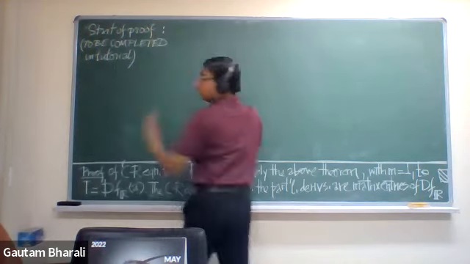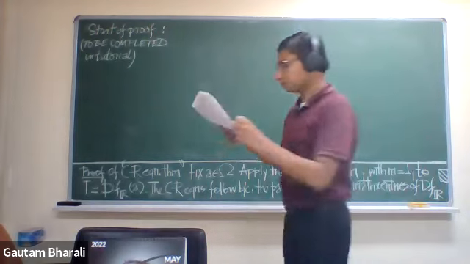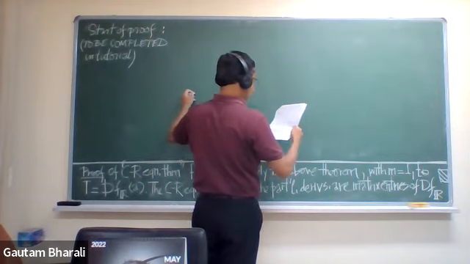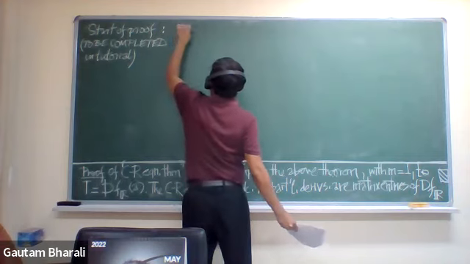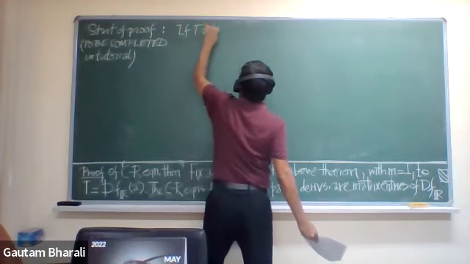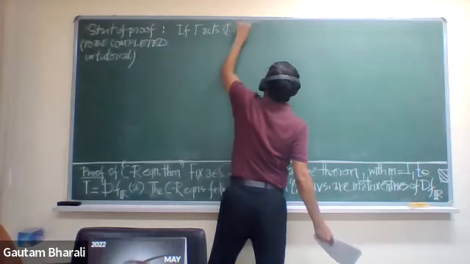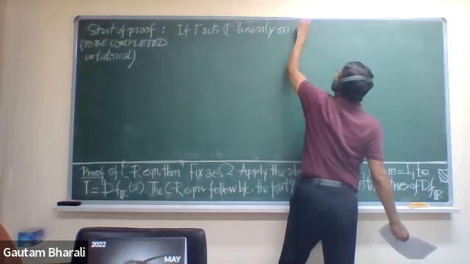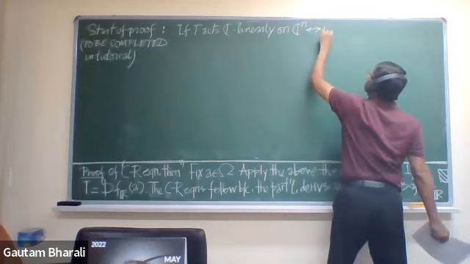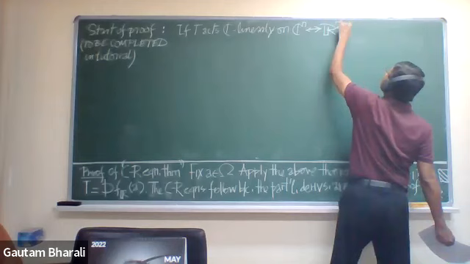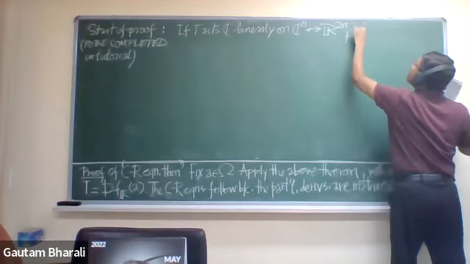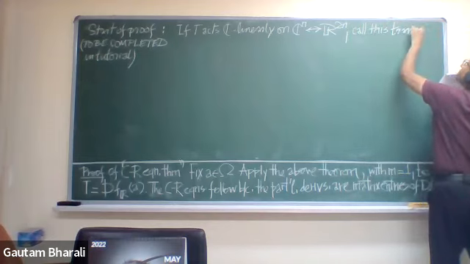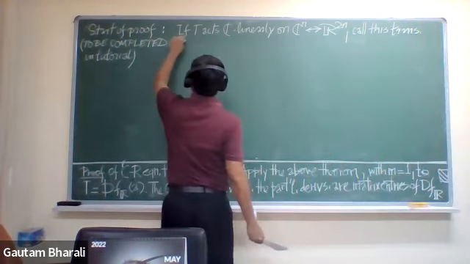Okay, so the start of the proof is, you see, if T acts C-linearly on Cn, for which we have a very specific identification with R2n, call this transformation... So remember, as an object, T is an R-linear transformation.